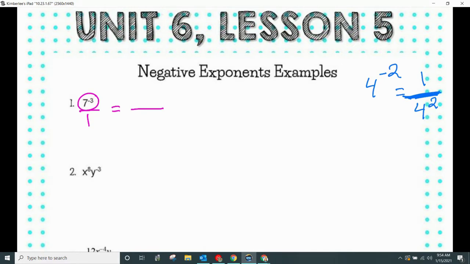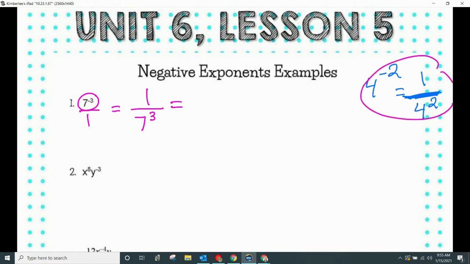So that is what needs to cross the line. I'm going to move the whole piece that has the negative to the denominator. So now this becomes 7 to the positive 3, because I crossed the line and changed the sign. Done. Now, what's left up top? There's still a 1 up there. It's almost like you're flipping the whole thing upside down. So 7 to the negative 3, just like we saw with our table, is 1 over 7 cubed.